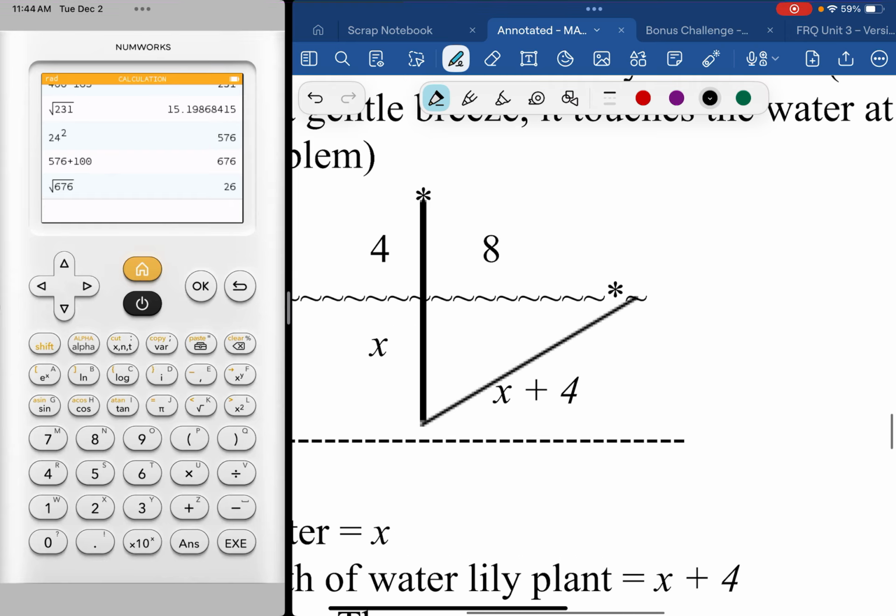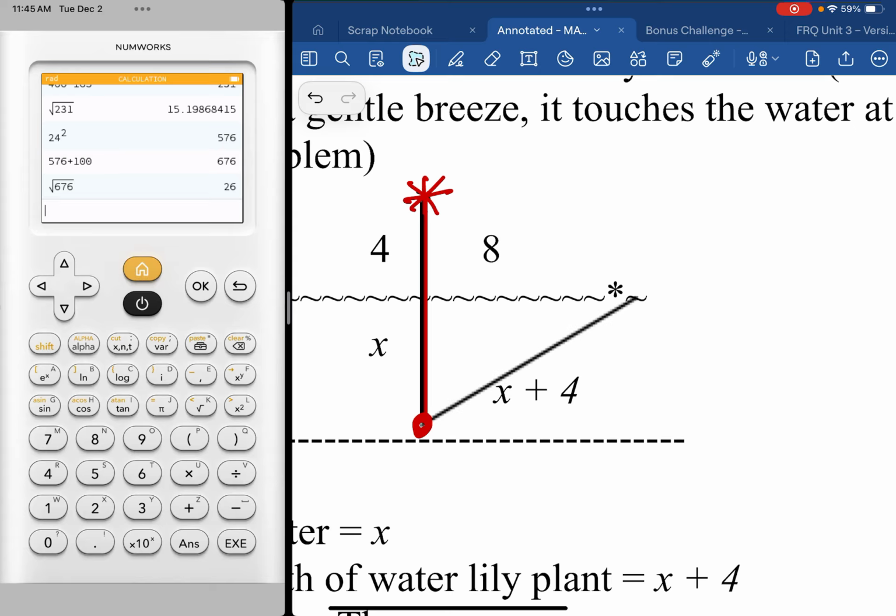The rationale behind that is, this is obviously not a realistic looking diagram, but we have this plant that's rooted somehow under the water and grows to reach its total height at some point above the water.